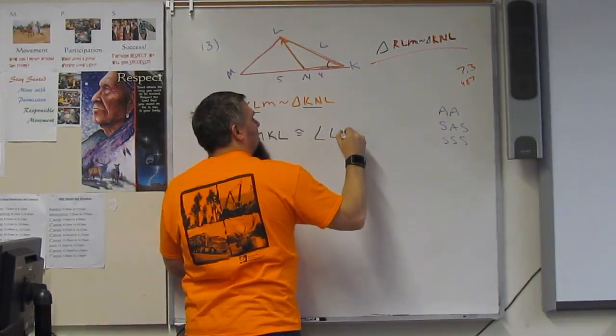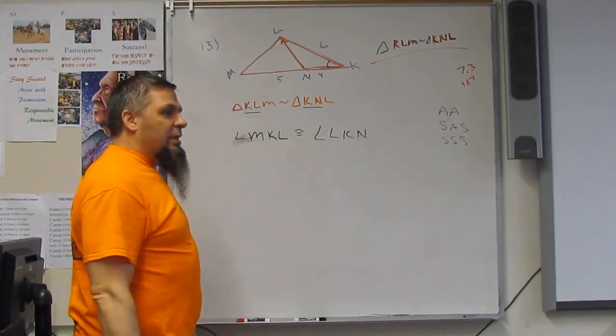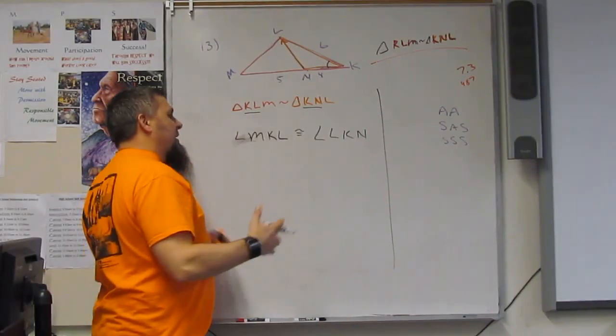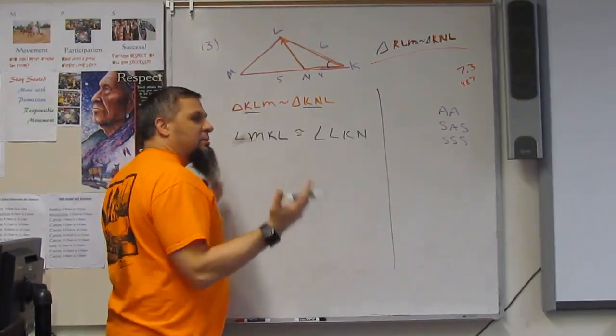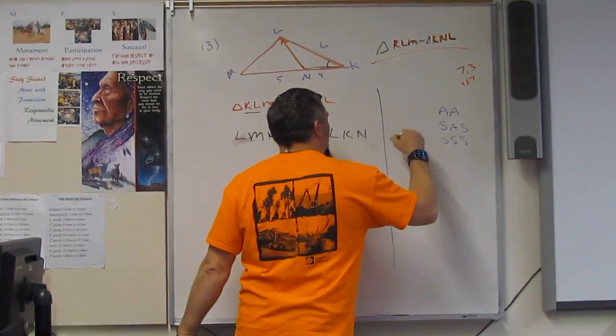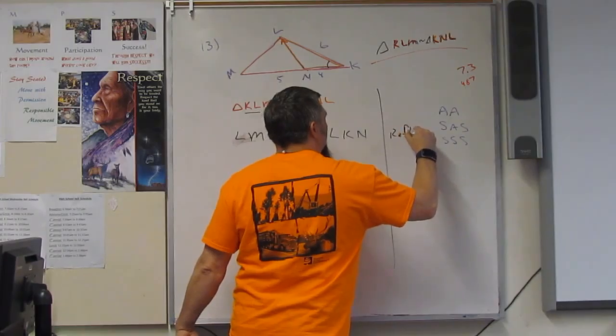Really important. Doesn't seem very important. I mean, angle K is angle K. They're congruent. It's pretty simple, right? So I know that this is an angle, and I know it through reflexive.